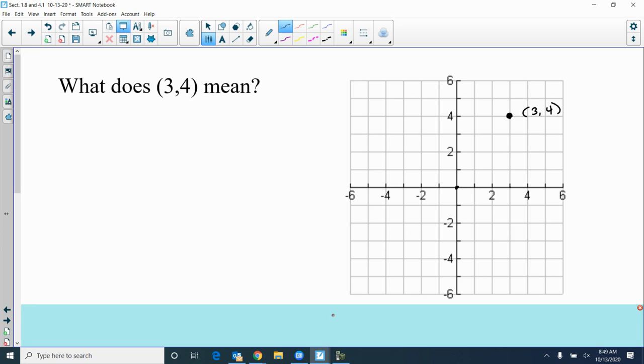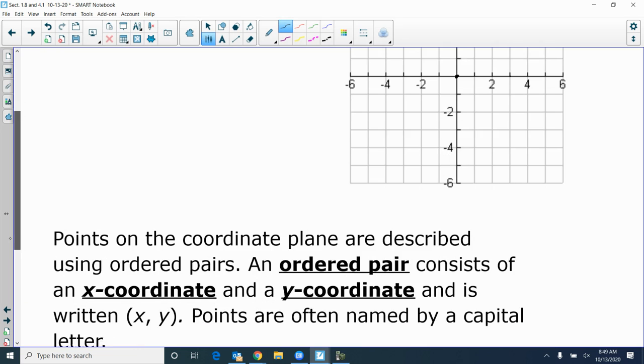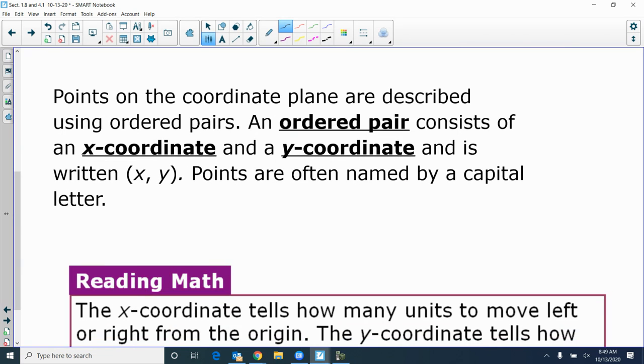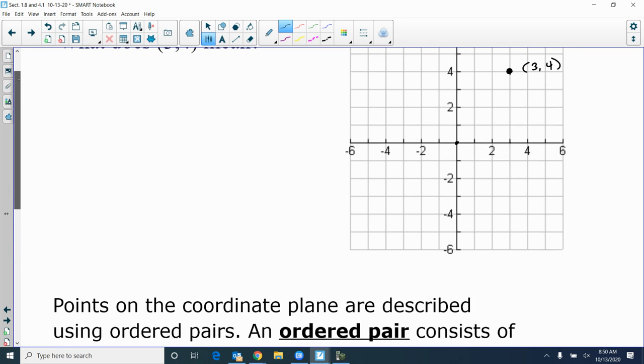Latitude and longitude are kind of like ordered pairs. One tells you which way you go left and right, the other tells you how to go up and down. So just making sure you know that. Points in the coordinate plane are described using what's called an ordered pair. (3, 4) with parentheses. So you got an x coordinate. The x is always first.